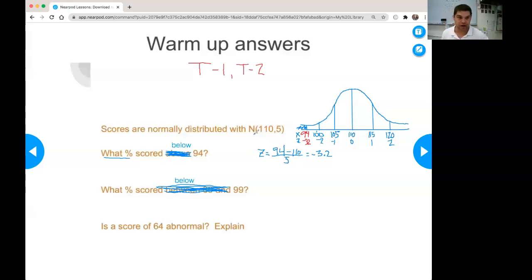So identify, I hope you're in your book right now. Go to -3.20. Okay, at the top is the 0, 0.01, 0.02. Z-scores always go out to 2 decimal places. I got 0.0007. That's the percentile. So I don't write equal, -3.2 equals 0.0007. That's bad notation. I would just write that is in the percentile.